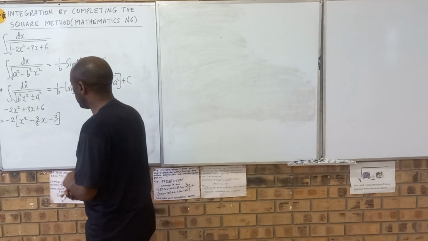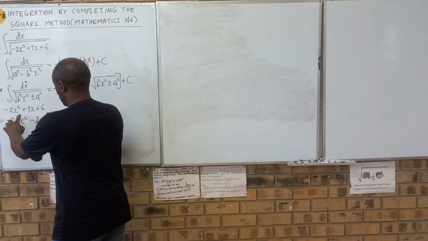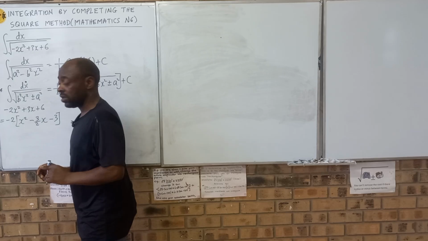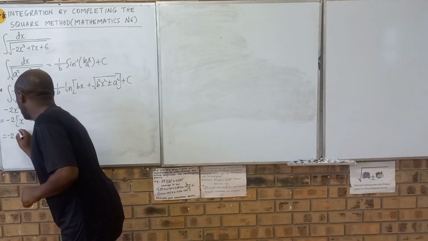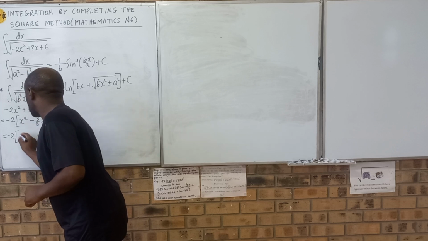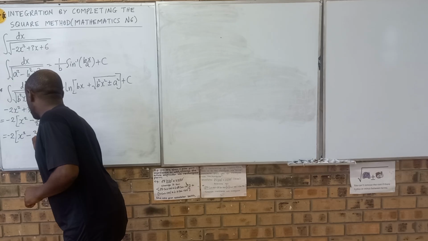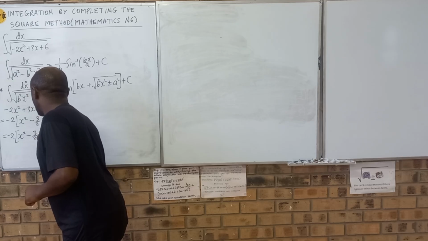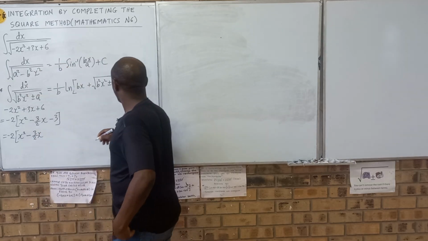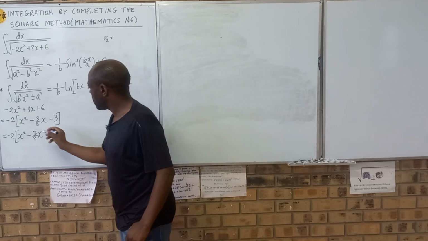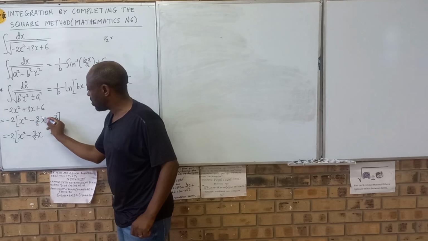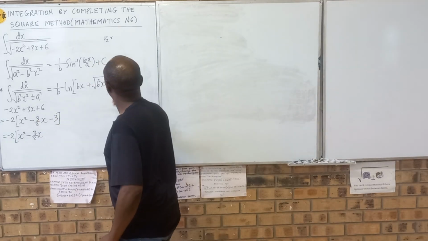Then I can now move on to complete the square of the quadratic inside the square bracket. So that means I'll write my negative 2 there. Then the quadratic term must be written exactly the way you see it, followed by the linear term. Then to complete the square, we always take half the coefficient of x. You see the coefficient of x in the square bracket is negative 3 over 2.